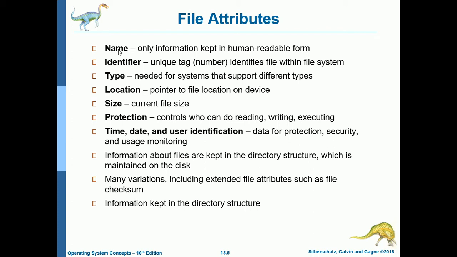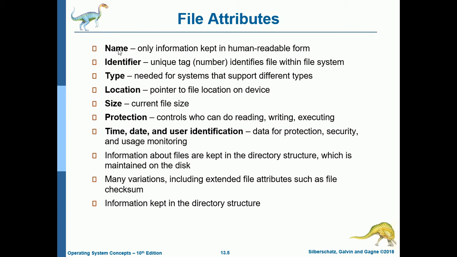For files solely created by the user, it is the user's discretion. Next we have the identifier. It is a unique tag or number that identifies the file within the file system.